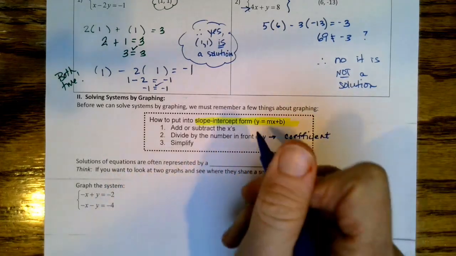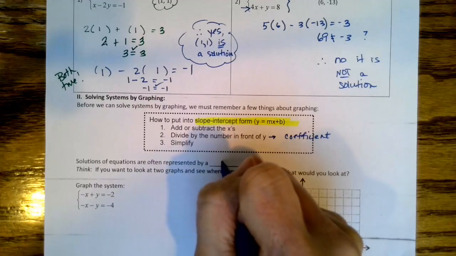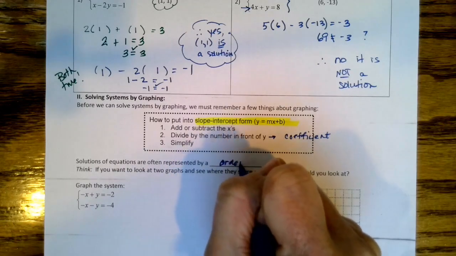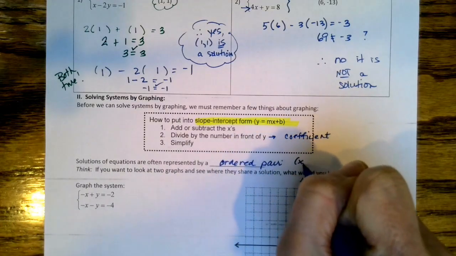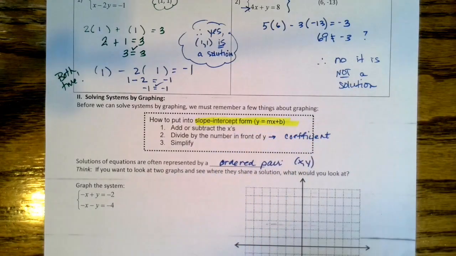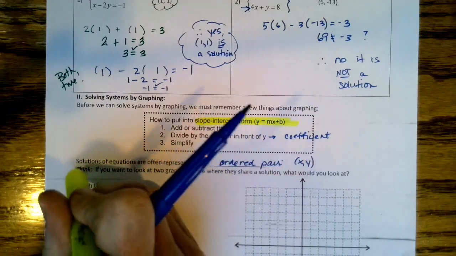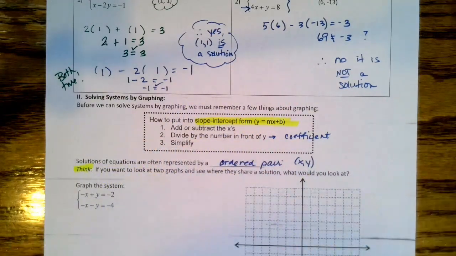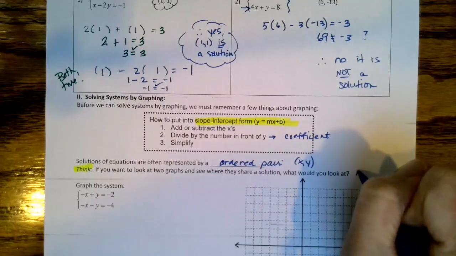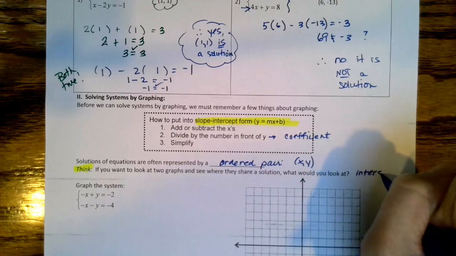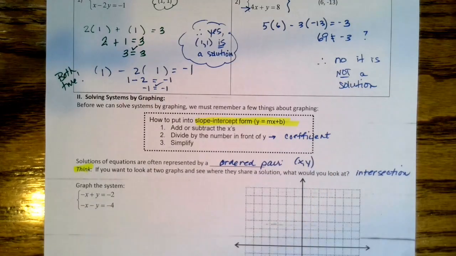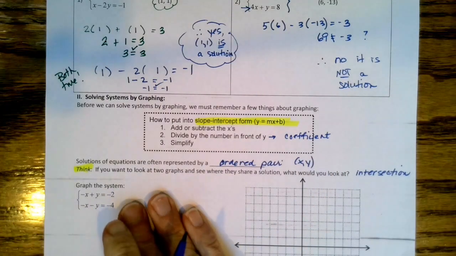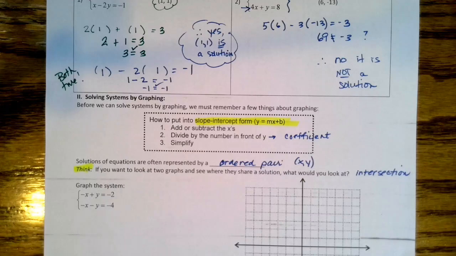Solutions of equations are represented by an ordered pair for whatever xy point is where they crisscross. Think, if you want to look at two graphs and see where their solution is, you're looking at their intersection, where they crisscross.